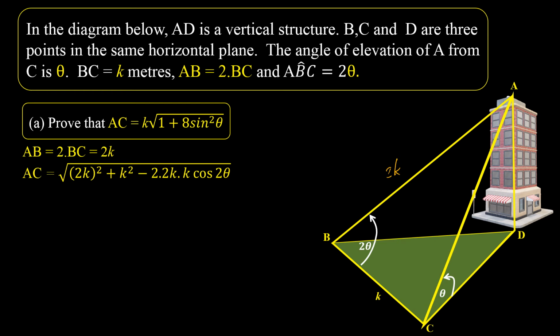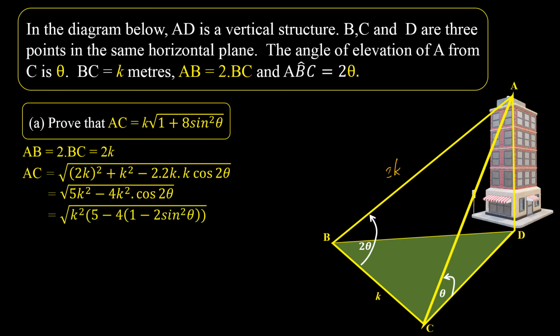Another step, use the square root, substitute very carefully and simplify step by step. Remember that it is 5k square minus 4k square times cos 2 theta, don't make mistakes. K square is common. Simplify again. Cos 2 theta is now replaced by our double angle formula, 1 minus 2 sine square theta.